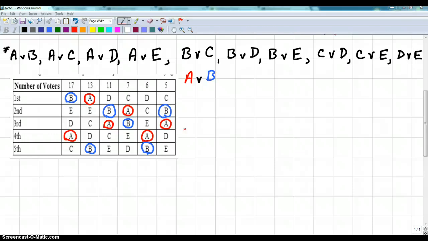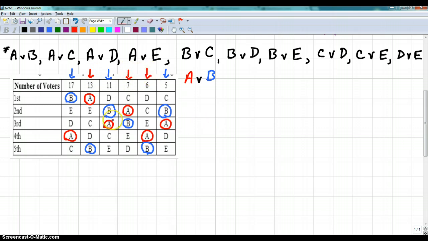We'll note that in column 1, B was favored. In column 3, B was favored. And finally, in column 6, B was also favored. We'll see that A was favored in column 2, column 4, and column 5.